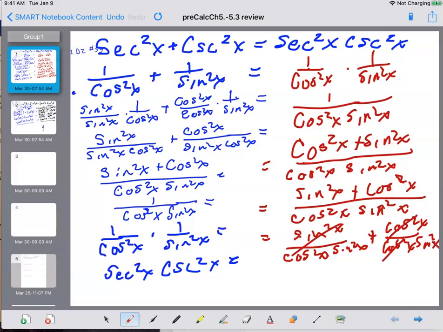The cosines are gone, the sines are gone, and now 1 over cosine squared x is secant squared x plus 1 over sine squared x is cosecant squared x.